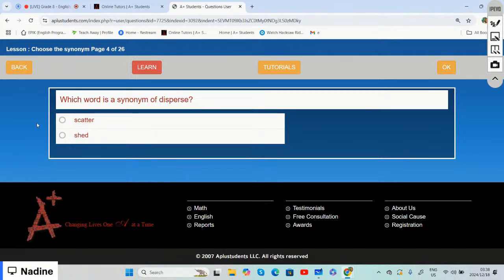All right, we need to say which word is a synonym of disperse. Disperse, is it scatter or is it shed?